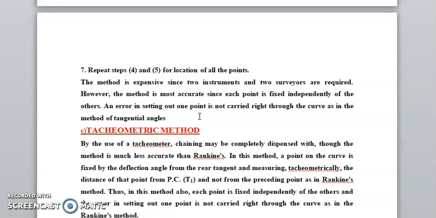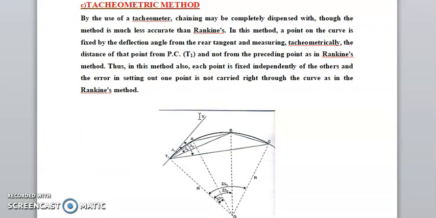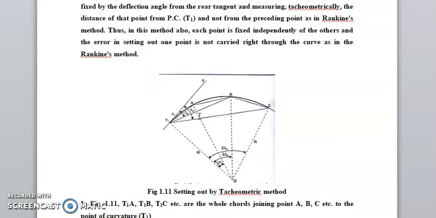In this method, points of the curve are fixed by the deflection angle from the rear tangent and by measuring the tachometric distance from the point PC, not from the preceding point as in Rankine's method. Thus this method also fixes each point independently of errors in setting other points. This is the tachometric method figure.